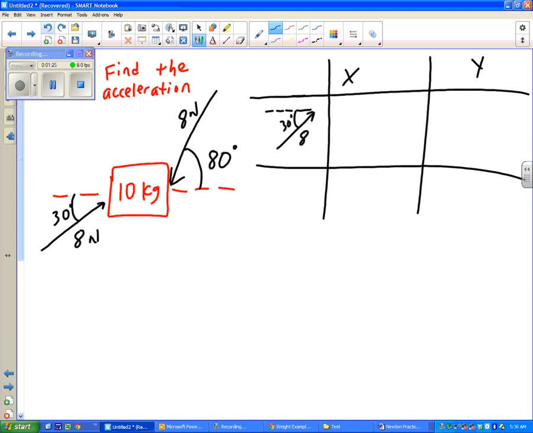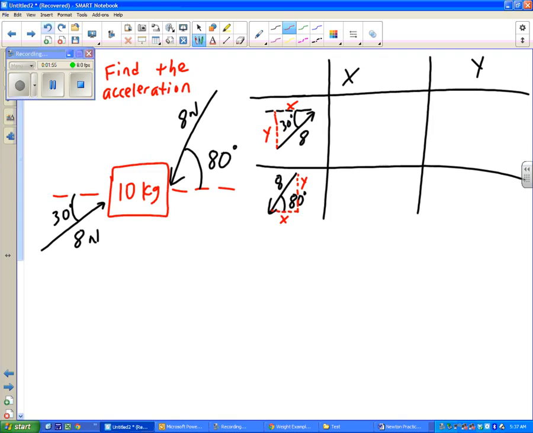And the second one is this 80, and it kind of looks like this. It is making an 80-degree angle, and it's also 8 newtons. So what we want to find is basically this x part and this y part, and this x part and this y part. So we have a triangle happening here.